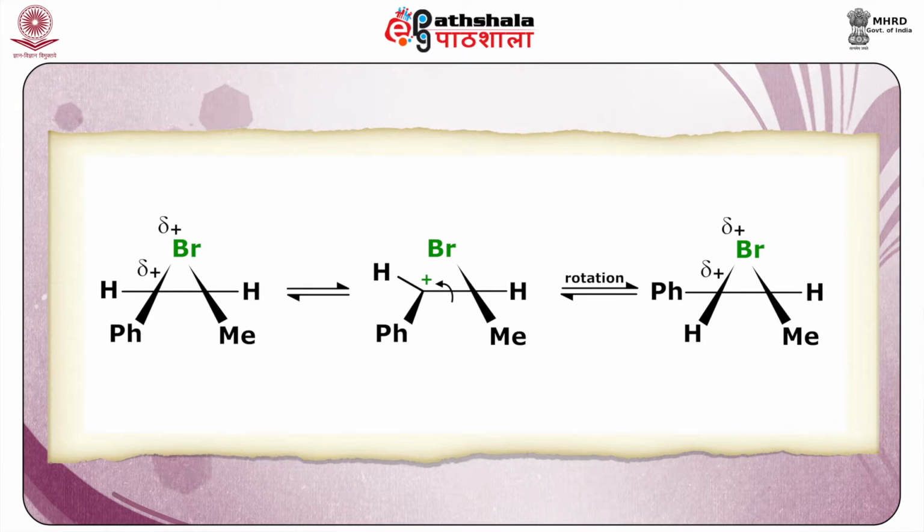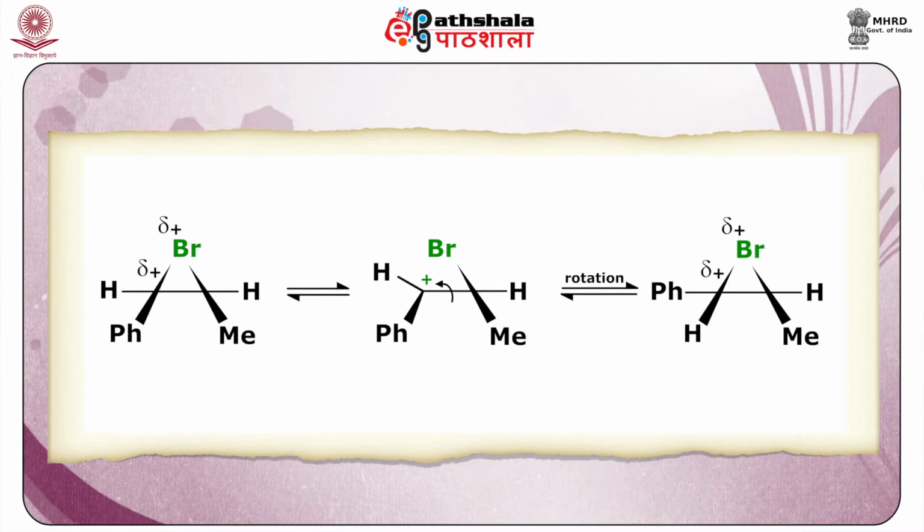However, substantial syn addition has also been observed, particularly in alkenes with phenyl substituents, which significantly stabilize the carbocationic center and in effect diminish the strength of the bridging bromonium ion. Thus, the presence of a carbocation in equilibrium with a weak bridging intermediate will lead to a loss in stereoselectivity.